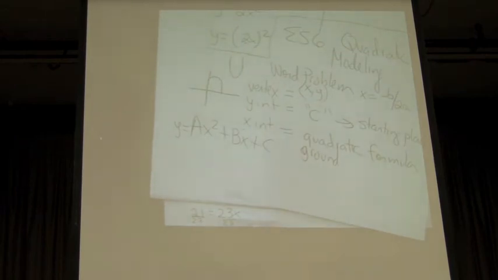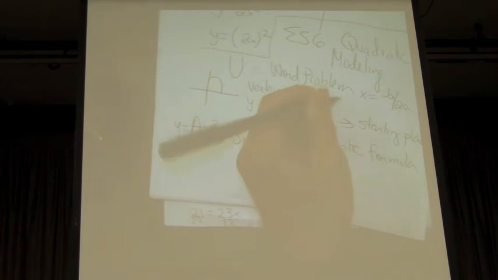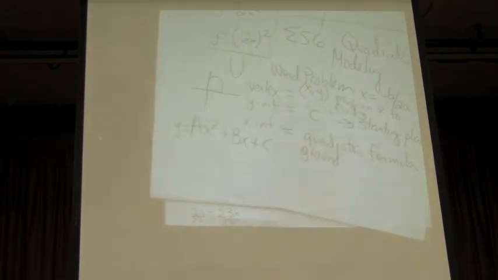Negative b over 2a. That formula, which comes from the very beginning of the quadratic formula, will always give you the x value of your vertex. How do you find the y value of the vertex? Plug in x. So, plug in x to find y.